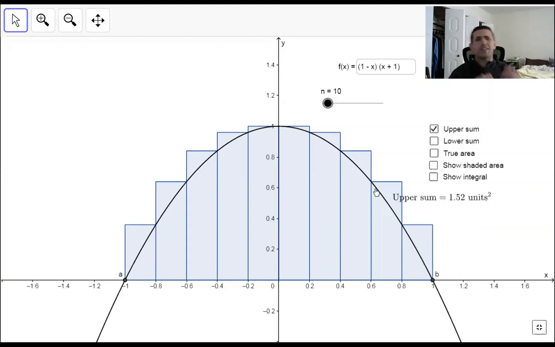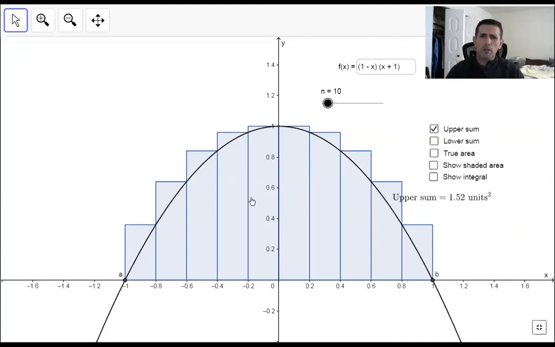And let's see what happens to the lower and upper Riemann sums as the width of each partition interval gets smaller and smaller and smaller. I shouldn't say equivalently, but if the width of each partition interval gets smaller and smaller, that means the number of partition intervals, the number of rectangles, gets larger and larger.